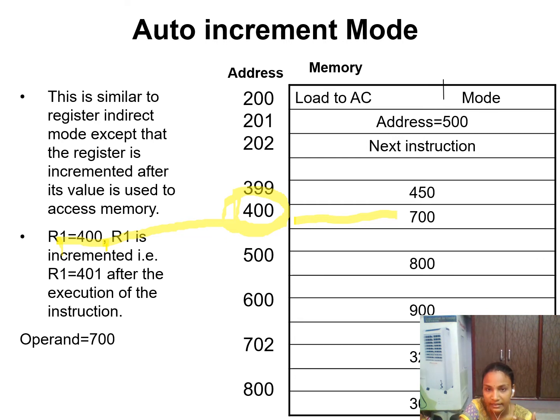This is the required operand. As the name specifies, in auto increment mode the post incrementation takes place. Once this register value 400 is used, it is incremented by 1. So the register value becomes 401 and the operand is 700.